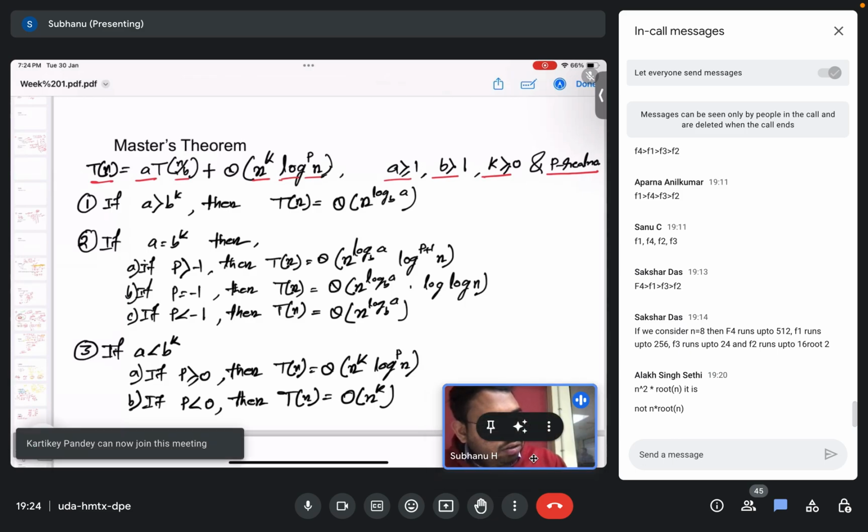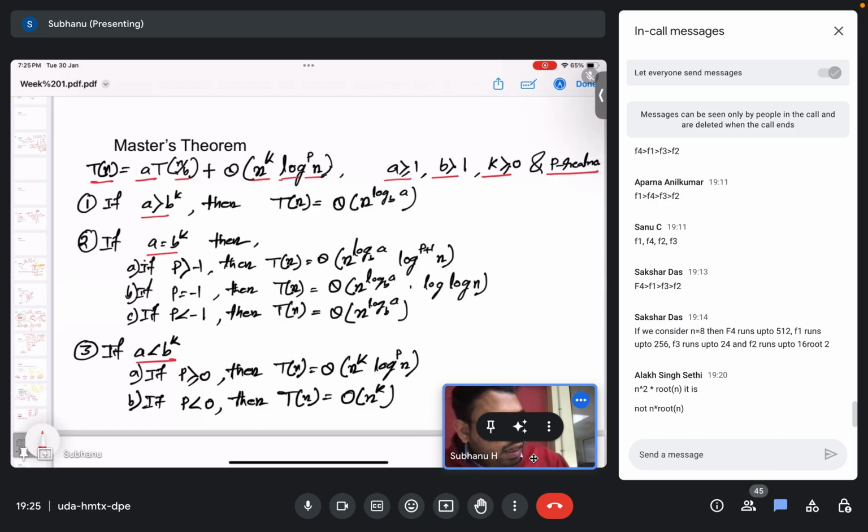For case 1, if a greater than b to the power k; for case 2, you check a is equal to b to the power k; or case 3, a less than b to the power k. First you have to check this condition between a and b to the power k.